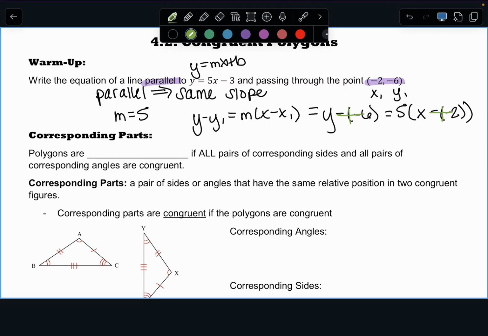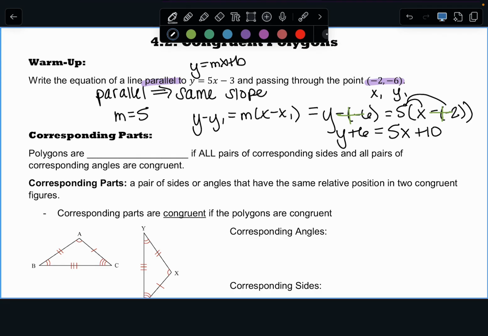On the right-hand side, what should I do with this 5? Distribute. So y plus 6 is equal to 5x plus 10. Last step if I wanted to solve for y. What should I do to the left?